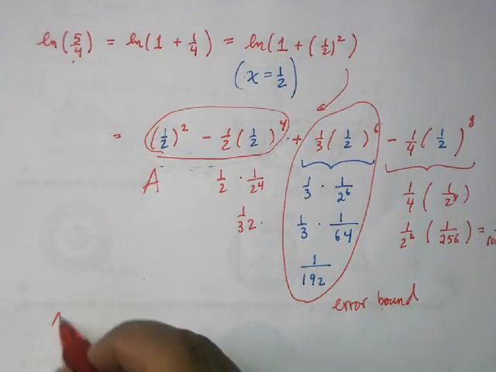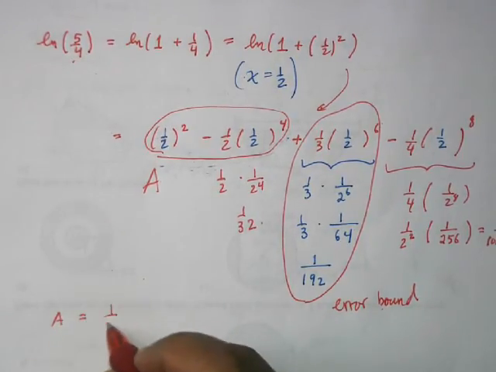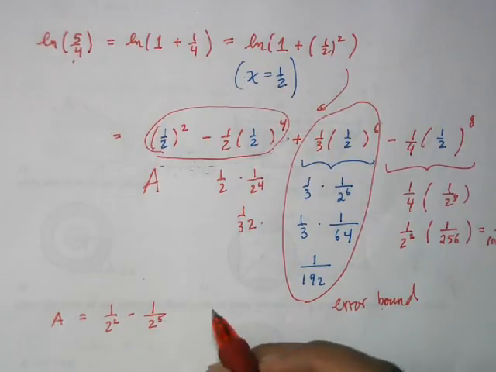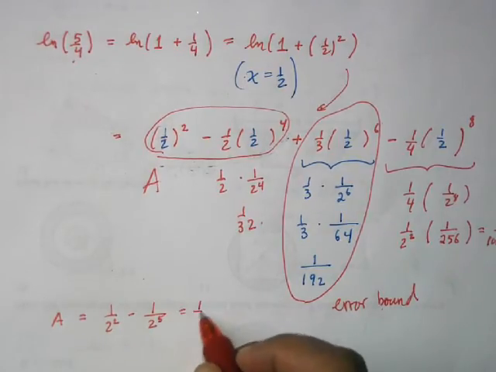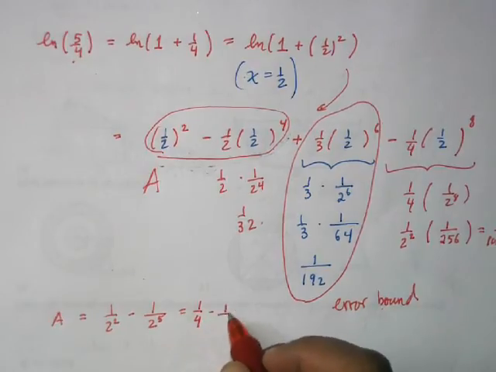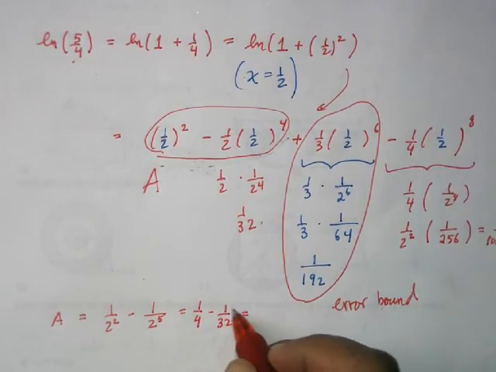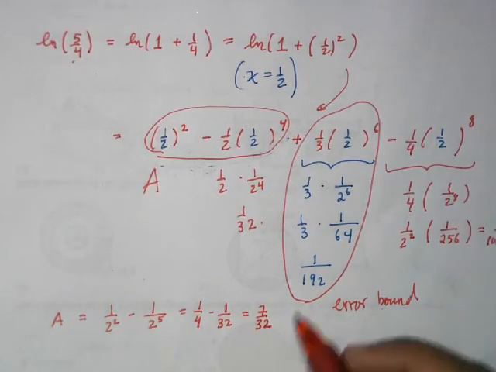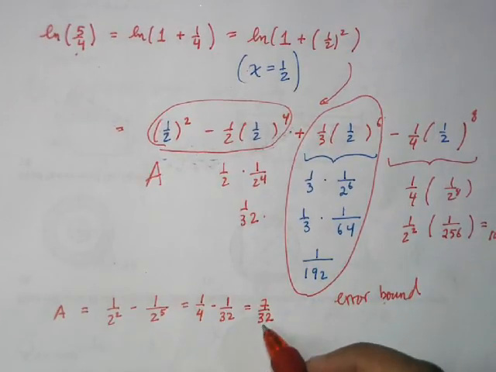And so this right here is going to be our alternating series error bound, and this is actually going to be the value of A. So we can say that A is equal to 1 over 2 squared minus 1 over 2 to the 5th. So this is equal to 1 over 4 minus 1 over 32. No, I'm sorry, what am I doing? This is going to be 8 over 32 minus 1 over 32, so 7 over 32.